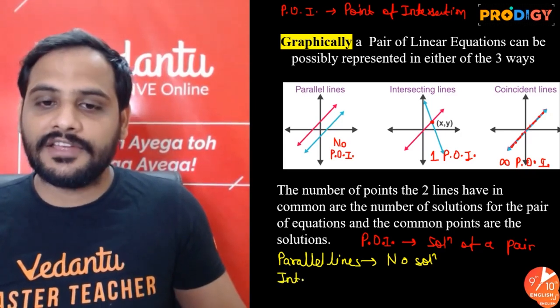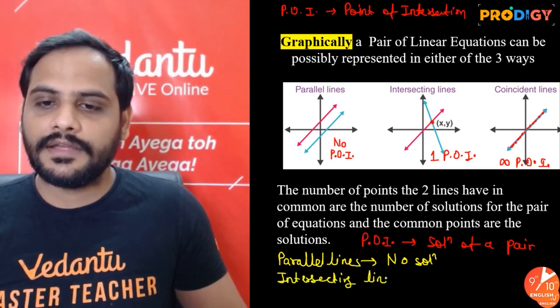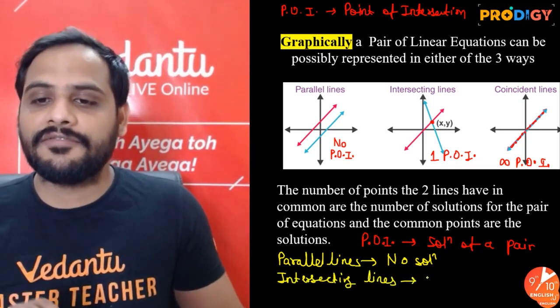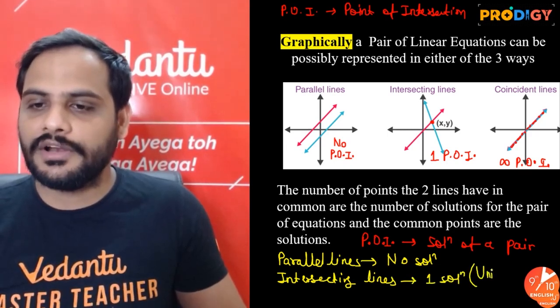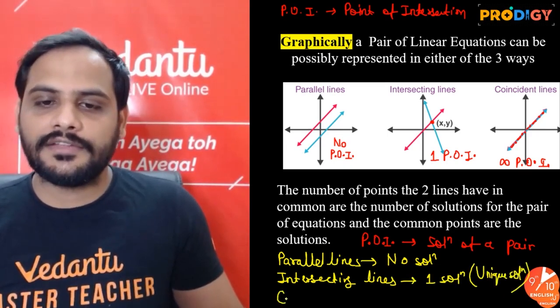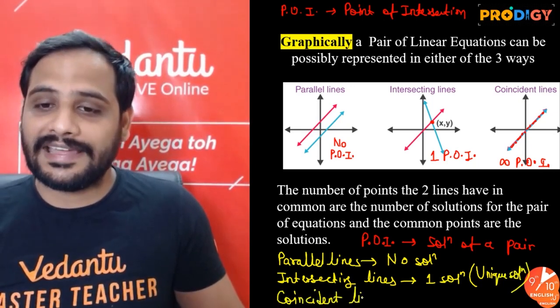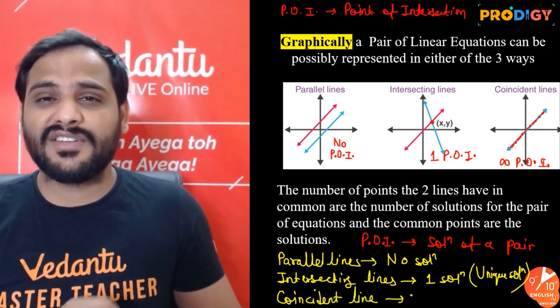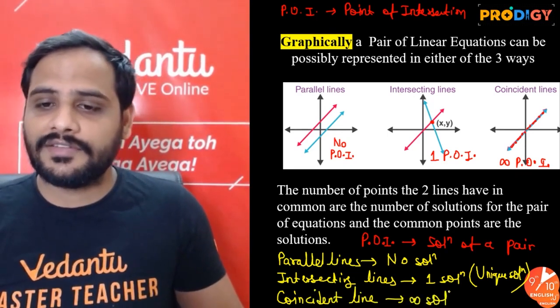If the graph is of intersecting lines, then one solution exists for them, or a unique solution. And the third case, coincident lines: all the points are common points, all the points are intersecting, so we can say infinite solutions.